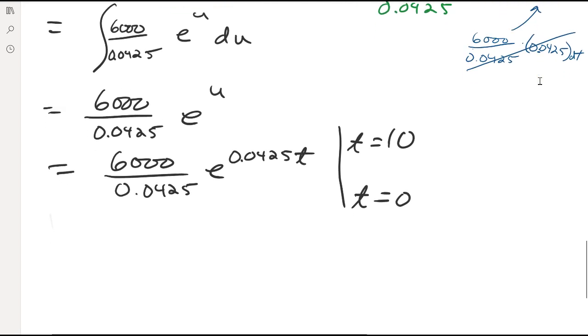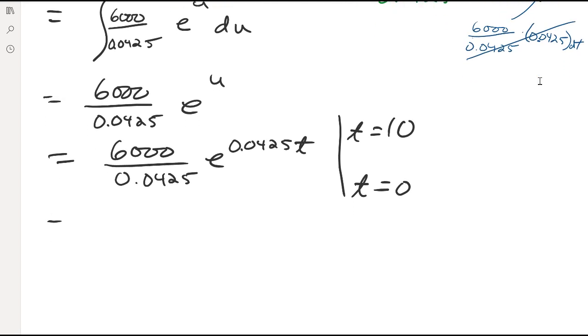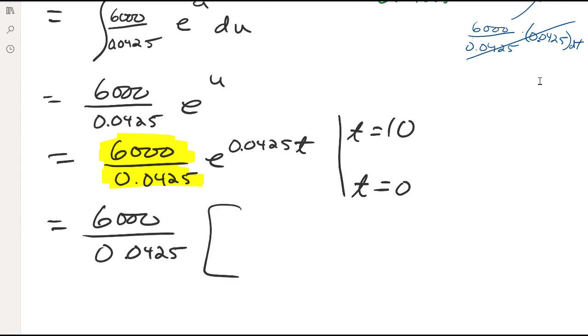All right. Here we go. To do this, we need to plug in 10 for t. But to make our calculation a little easier, this 6,000 over 0.0425 is a constant multiple, and I can pull that out. So we're going to have 6,000 over 0.0425 times, and now I'm just going to plug in my 10 for t.